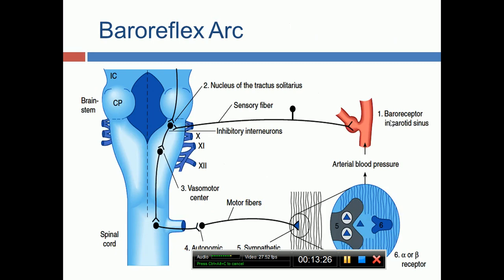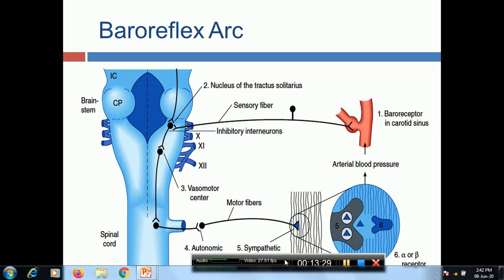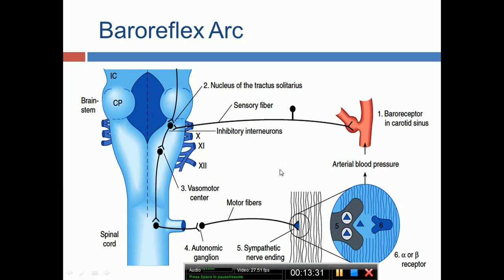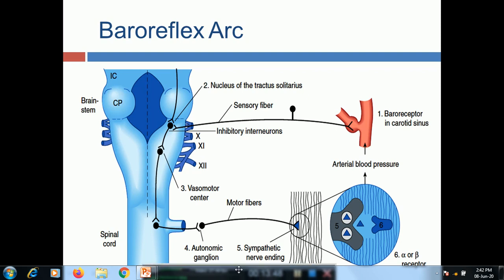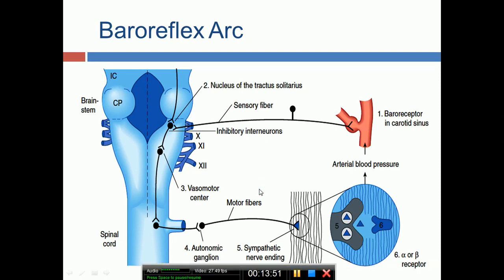Here you can see the baroreceptors. These are the alpha or beta receptors on the cardiac muscles. In the nervous system, we have receptors, then relay neurons which take the message. Receptors perceive the message, then there is a part in the spinal cord or CNS, then an effector organ.